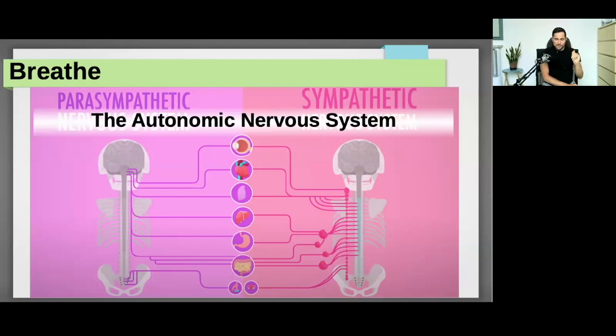But then you have your autonomic nervous system, and that autonomic basically means it's involuntary. And this is what your nervous system does to all the parts of your body, not by choice, out of control. So if you look here at these pictures, we've got your pupils dilating, your heart beating faster.